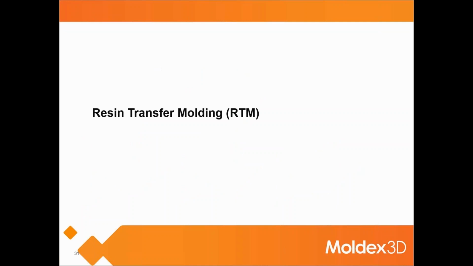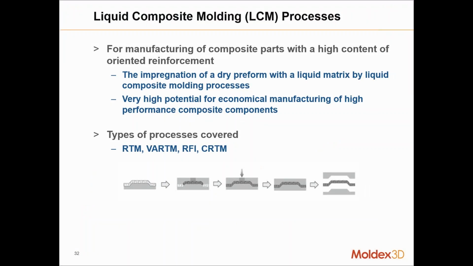All right, the last one for this presentation, we're going to look through RTM, resin transfer molding. So resin transfer molding is very similar to the two processes that we've shown. If you're not familiar with it, basically resin is pushed or flown through like a fiber mat, like a fiberglass mat or something, and cures.